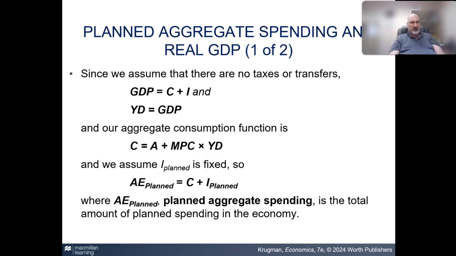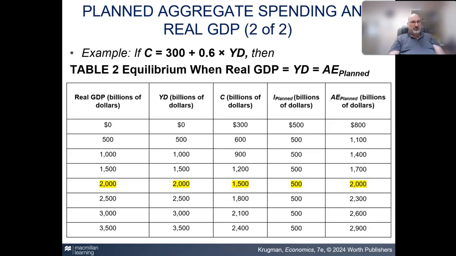So planned aggregate expenditure is equal to C plus planned investment, where aggregate expenditure is the total amount of planned spending in the economy. Simple, right? So here we go. This is what this looks like.